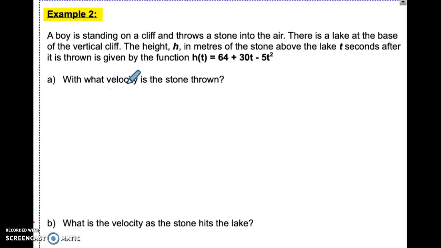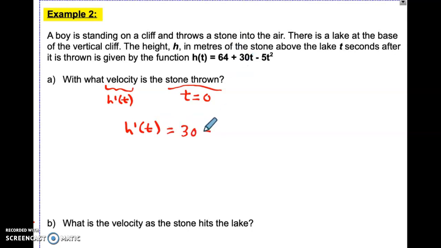So we know that when we're dealing with velocity, that's going to be the first derivative of the height function. So it's going to be h prime of t because it's the change in height with respect to time. And if we're trying to find it when the stone is first thrown, then that's really its initial velocity, so that's going to be when time is 0. Okay, so we can start by finding our first derivative. It's a polynomial function, so it's a fairly quick derivative.